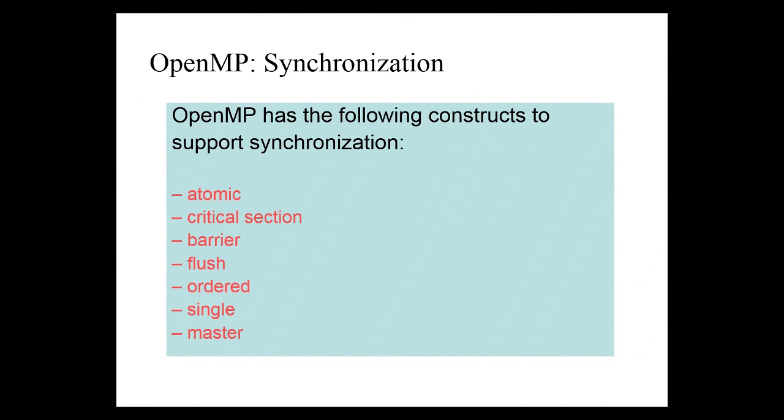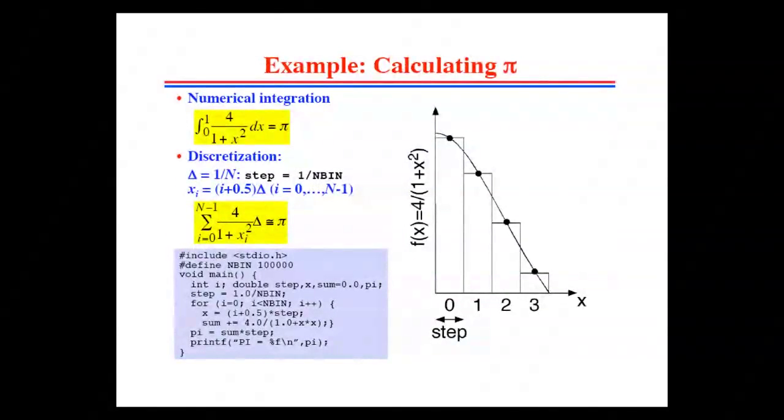Well, again, it depends on what type of code you have and what type of operations you use. Okay, and then we can use this example to show you how to transfer a sequential code to an OpenMP parallel code. The sequential code in this case is the simplest one.